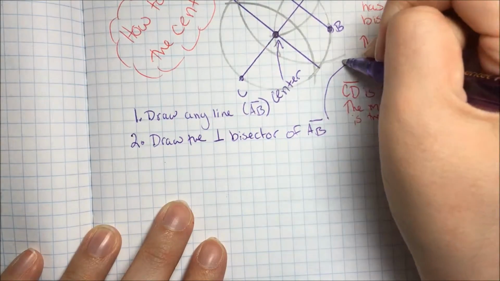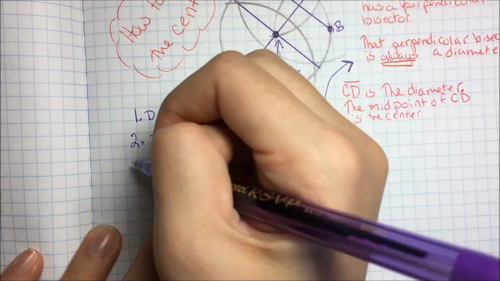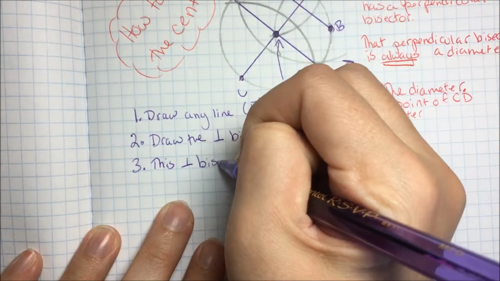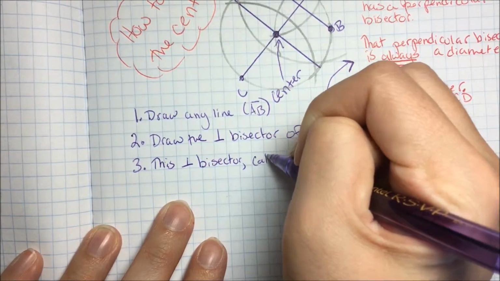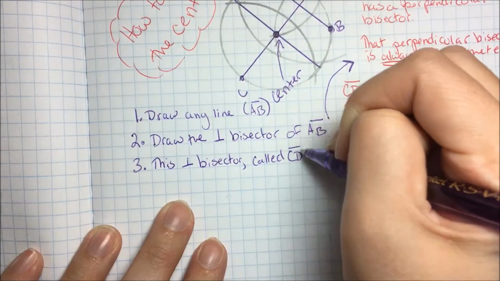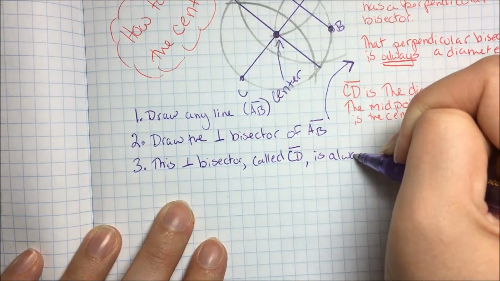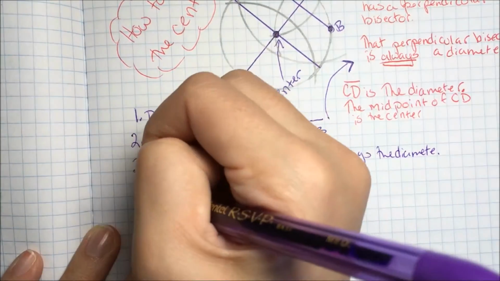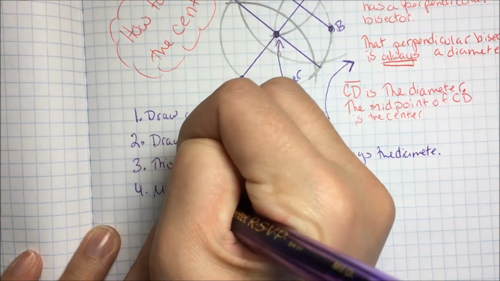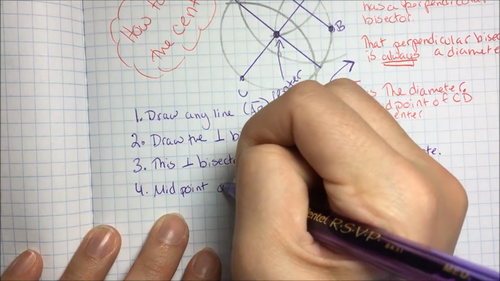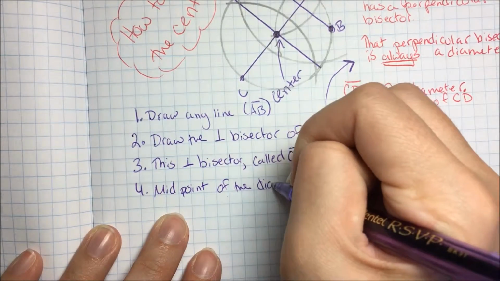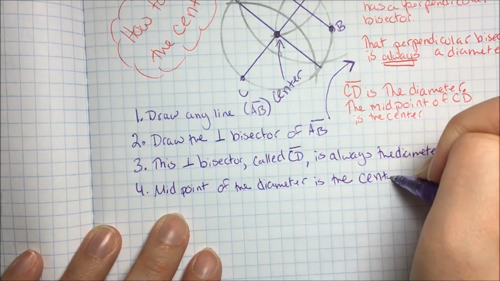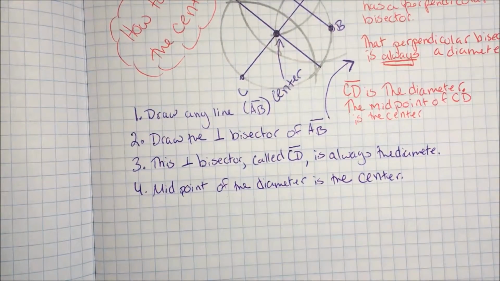And that, remember, this perpendicular bisector, called CD, is always the diameter. And the midpoint of the diameter is the center. Kind of nifty.